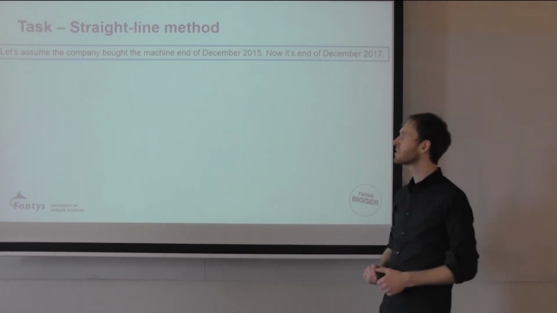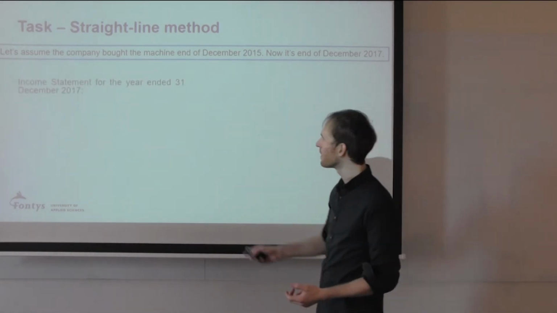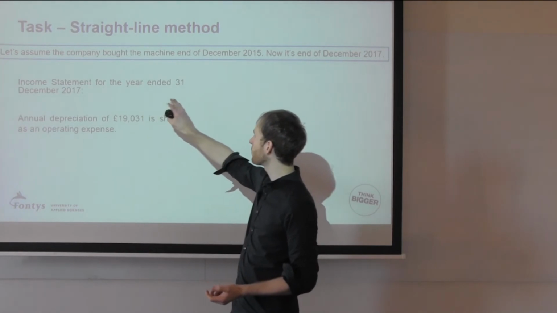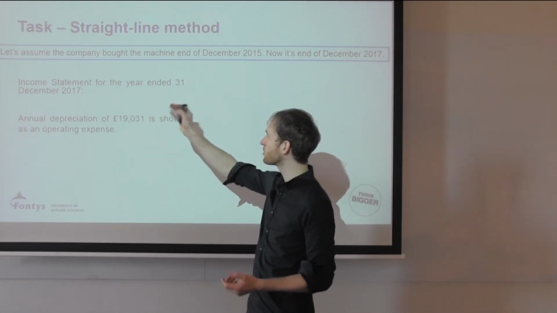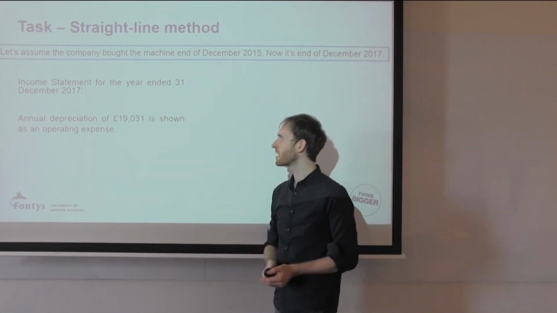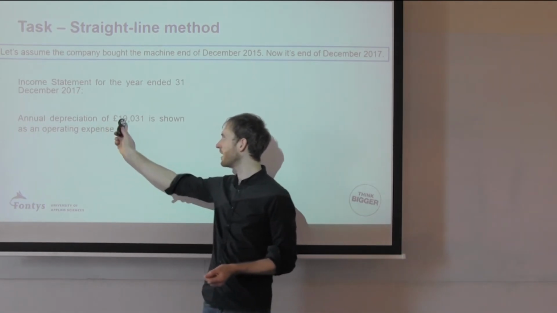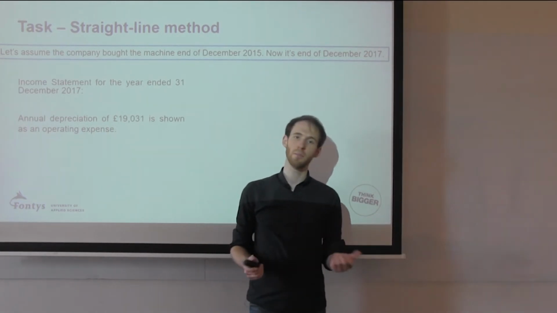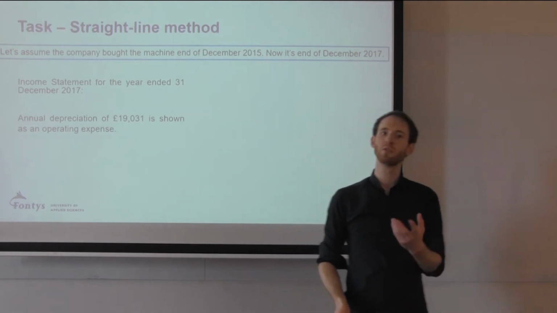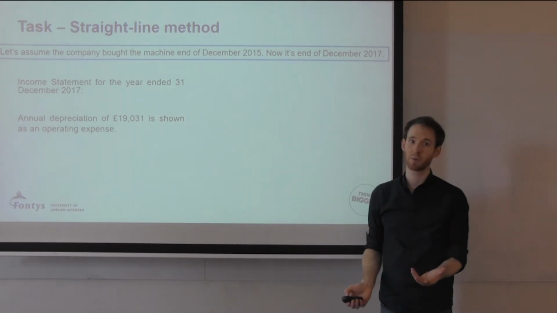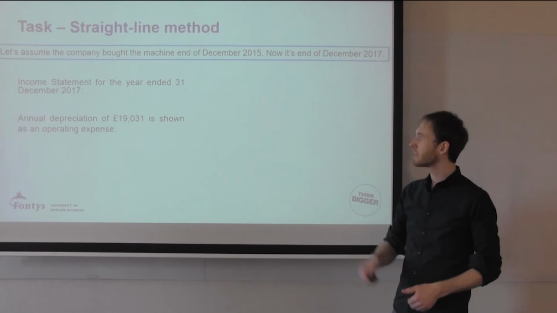So what happens in the income statement? As said before, it's an expense. Income statement for the year ended 31st of December. The extract, the most important thing of that income statement, is that the annual depreciation of 19,031 is shown as an operating expense. Because we lose value in the asset, so we have to show it in the income statement as well. What happens in the balance sheet?